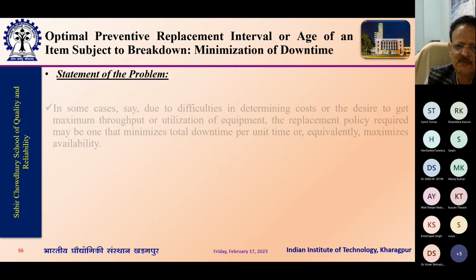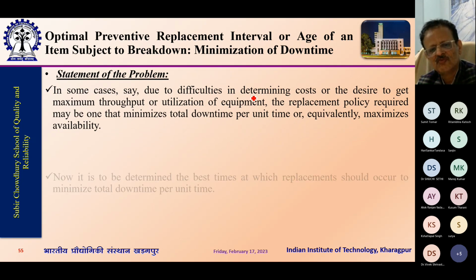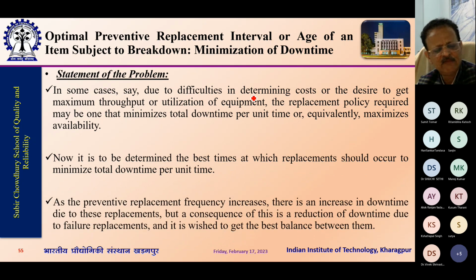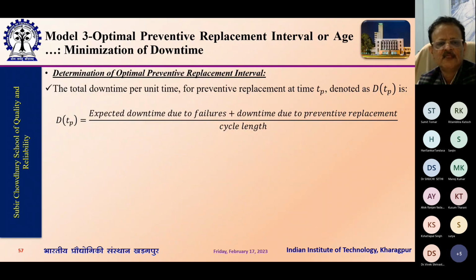Or in many of the cases, instead of cost, one can go for the downtime. Same statement, I'm just skipping. Same TF, same notation, TP. Now here is the expected downtime due to failures and downtime due to preventive replacement. For downtime due to failure, it depends on the expected number of failures during that cycle. And downtime due to preventive replacement, we are not expecting, because at the right time we are replacing it.